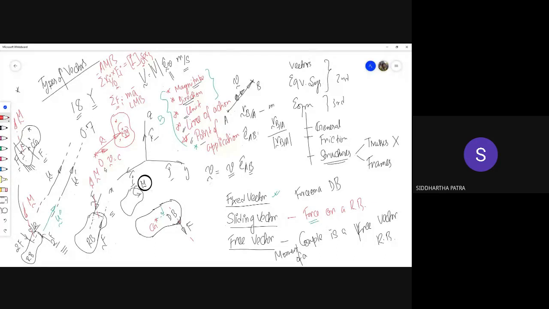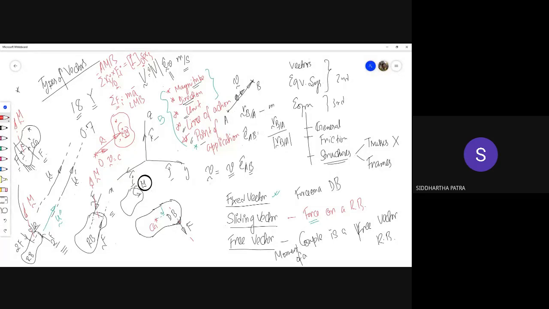That means point O is such a point whose acceleration, if non-zero, is towards the center of mass. Then only this relationship can be written. Otherwise, there is an issue with non-inertial reference frame and so on. So let's not go into that.